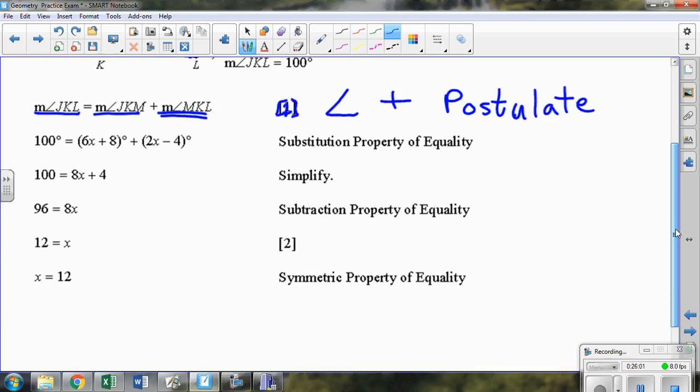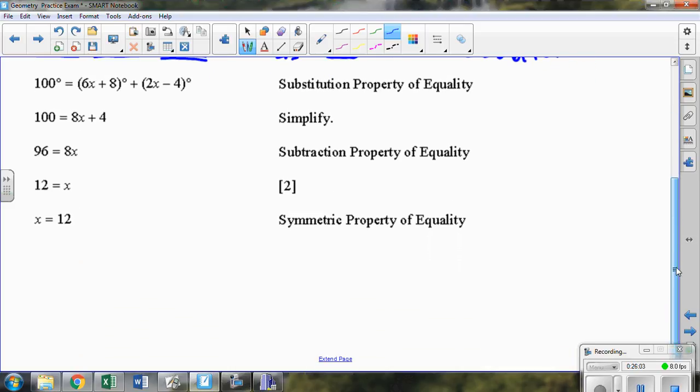Right, let's continue going down. They use substitution and start simplifying. They subtract. To go from this line down to here, what has changed? What did we do to simplify it? And when we simplified it, we used division again, so we are once again using the division property of equality.